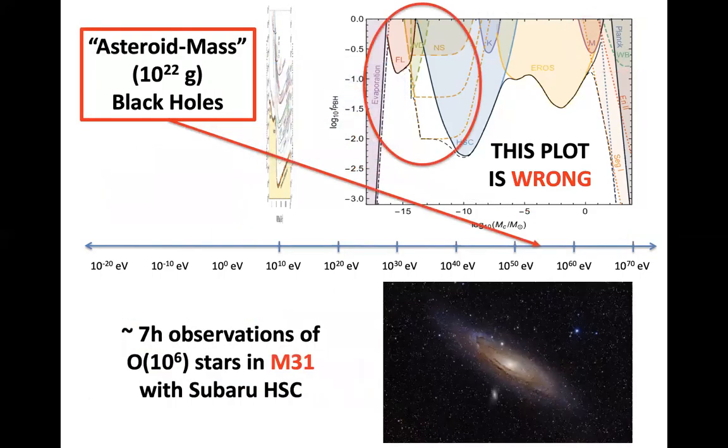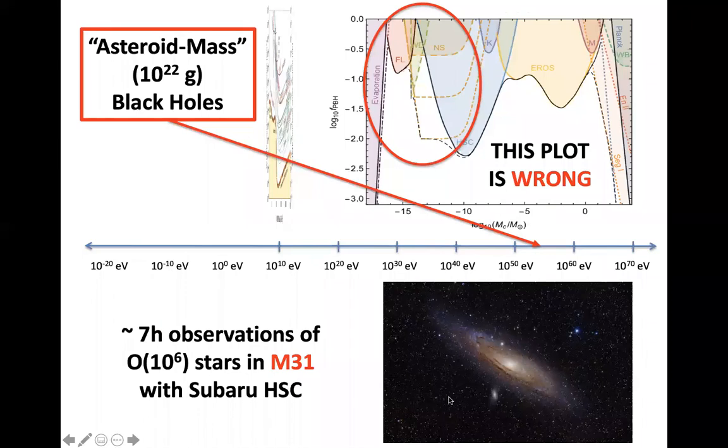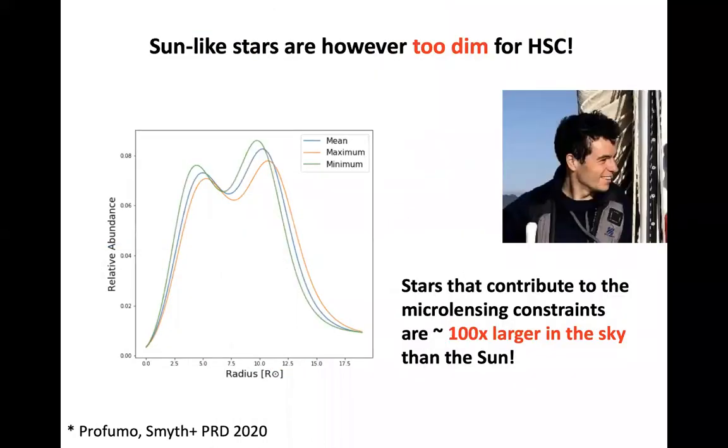Now, what I want to comment on, and this truly is the last thing I'm going to tell you today, is how this part of the plot is wrong. This is recent work with Nolan Smith, who gave a wonderful talk yesterday at this conference. The idea is to use Subaru HSC data that looked at the Andromeda galaxy, and specifically about 1 million massive stars in the Andromeda galaxy, searching for microlensing.